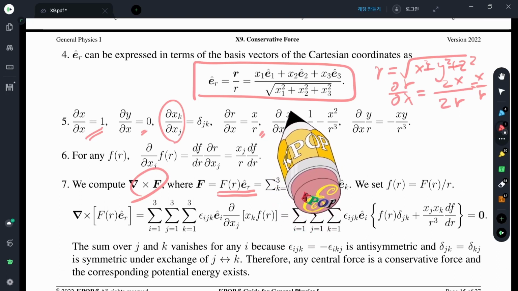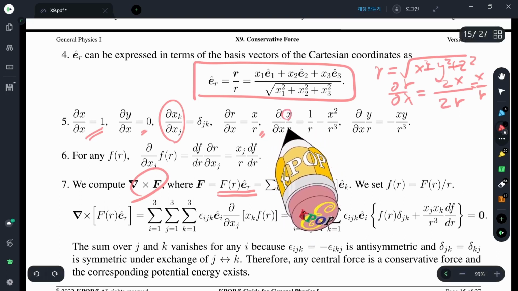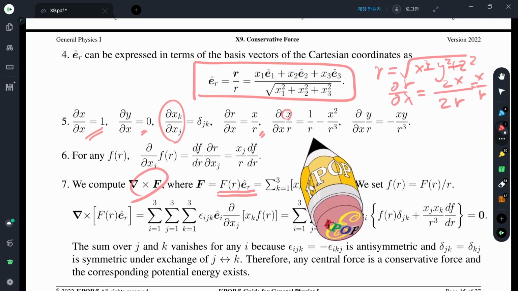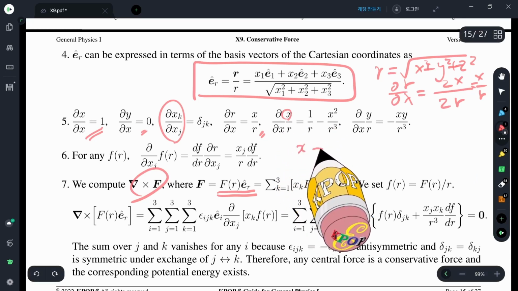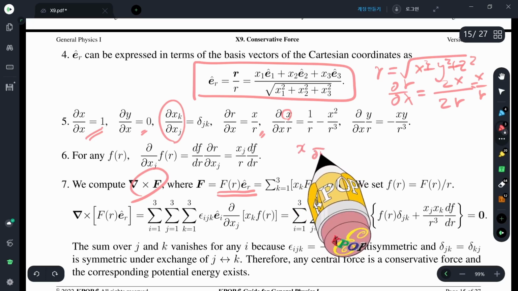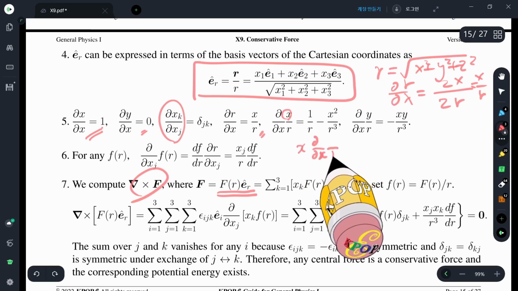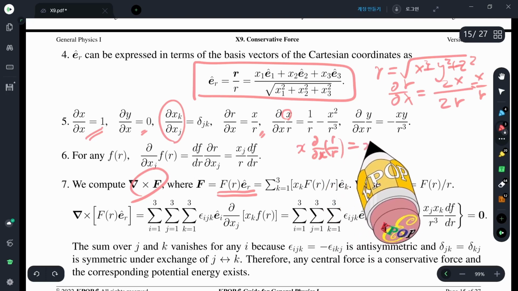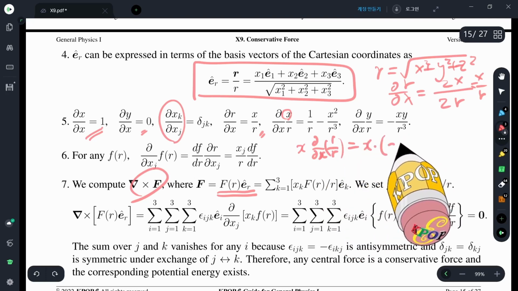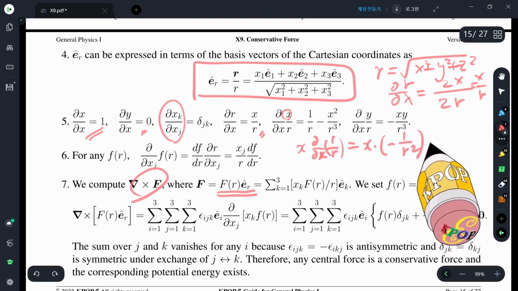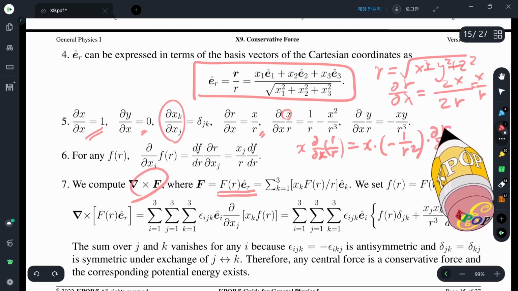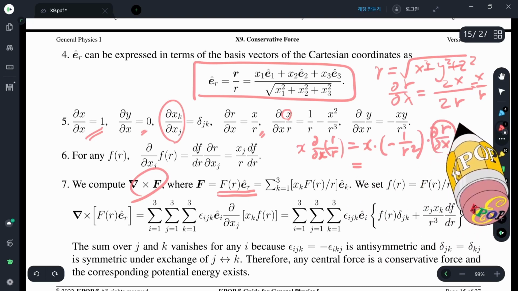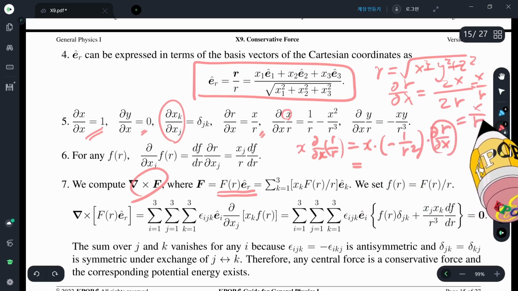We can take the derivative of x, then we have 1 over r. We can take the derivative of 1 over r, which means x times the derivative of 1 over r, and by the chain rule, this one is x over r.